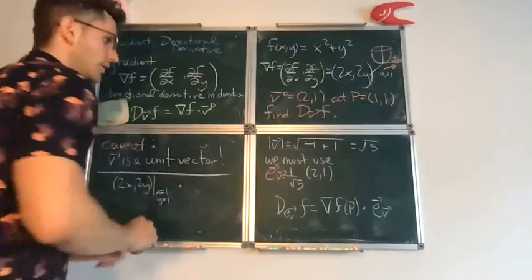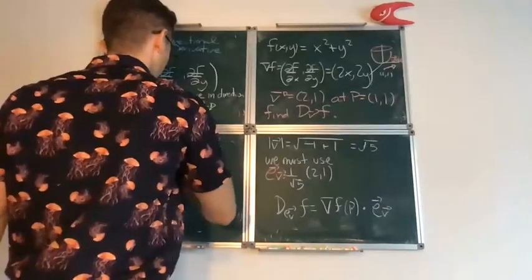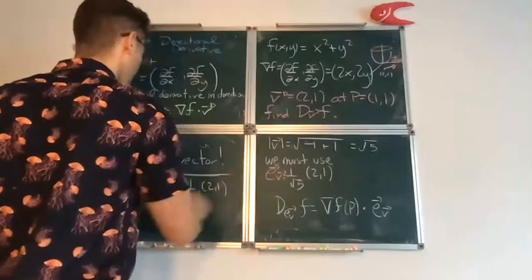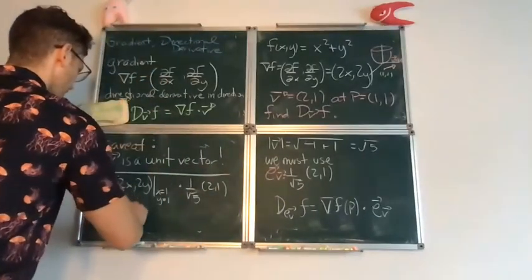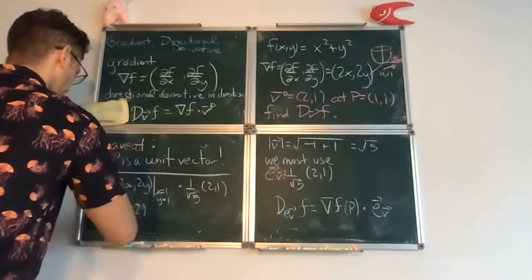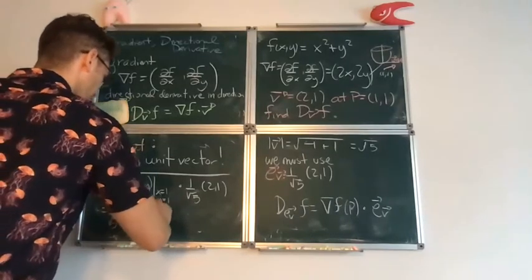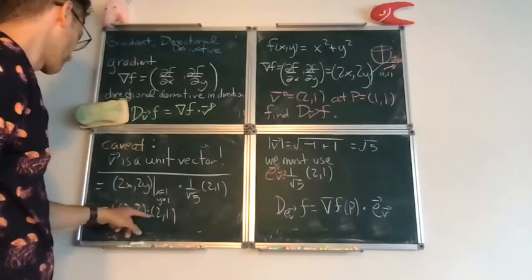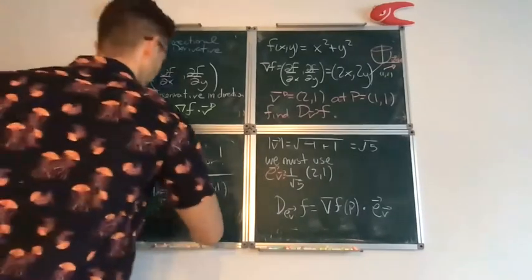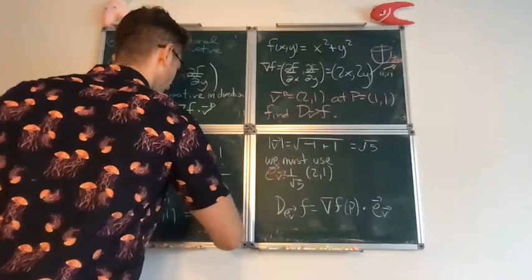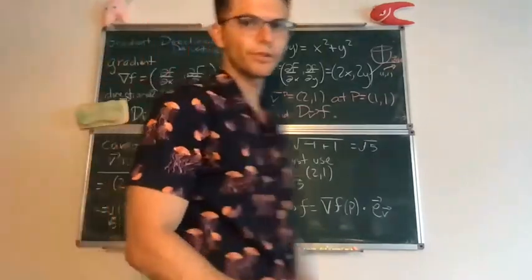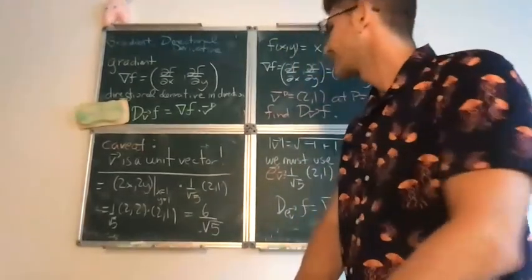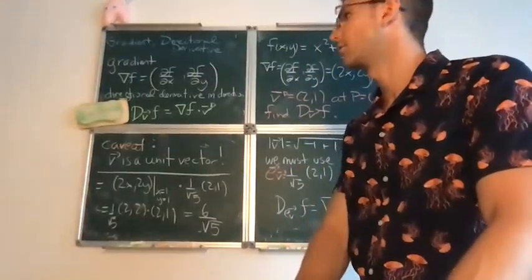Dot product e sub v, which is 1 over root 5 times 2 comma 1, and that gives you 2 comma 2 over root 5 dot product with 2 comma 1, and this gives you 4 plus 2, that's 6 over root 5. So the directional derivative is 6 over root 5. Okay? And so this is how in practice you would find it.